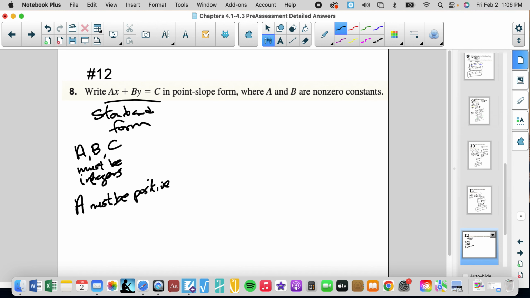Write this in point-slope form, where A and B are non-zero constants. So here's an interesting thing. For point-slope, what are two things we need? We need a point and the slope. If I have this in standard form, I can find the slope by solving for y. If I move this into y equals, I can pull out the slope. So I'm going to subtract Ax.